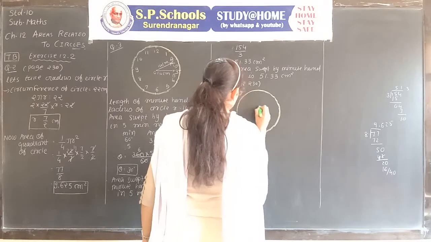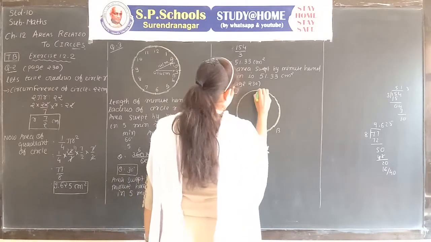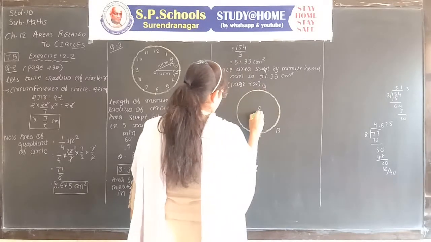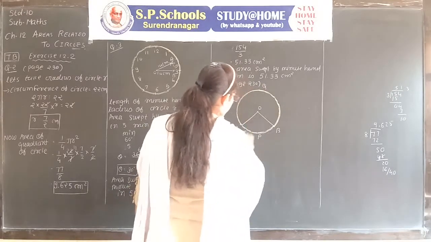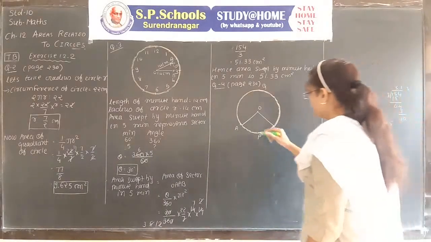O is the center of the circle, APB is the minor arc and AQB is the major arc. OA, OB are the radii. The radius of the circle is given as 10 centimeter.